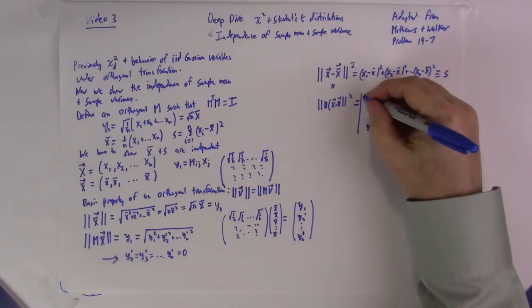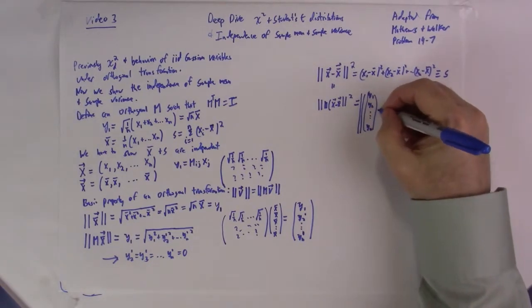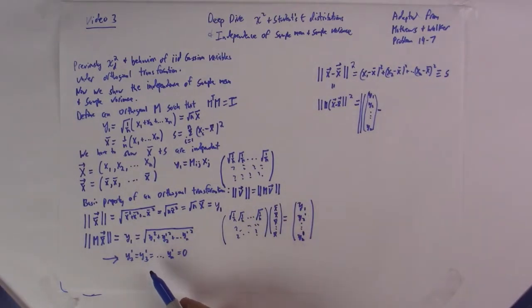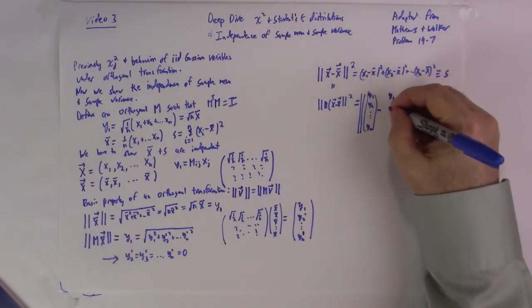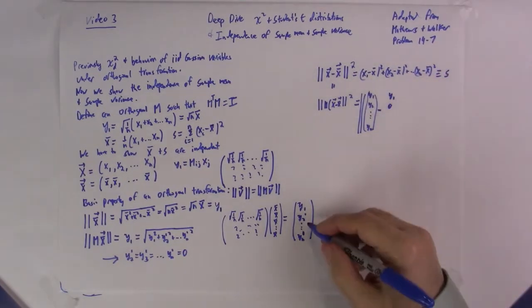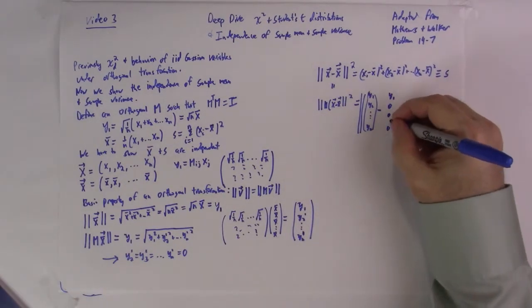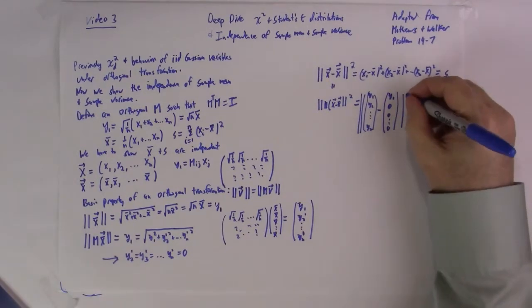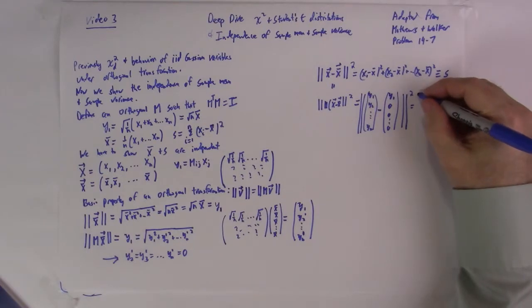I'll put this as a norm. It's this vector minus, we did work out what m x bar is. That's where these all come to 0. This is going to be y1, 0, because y2 prime is 0, all the way up to yn prime. So we get all zeros up to here, squared.